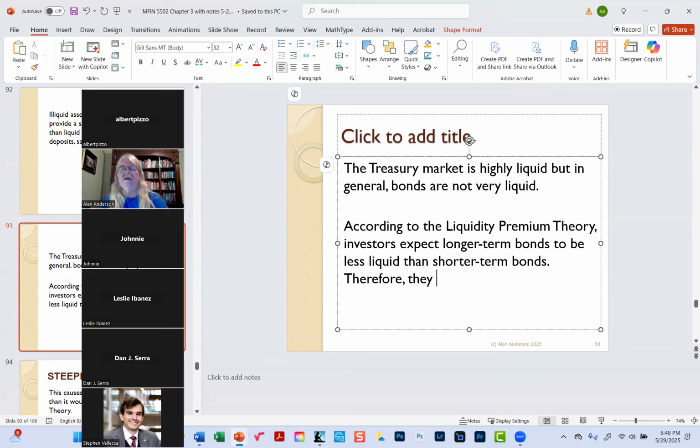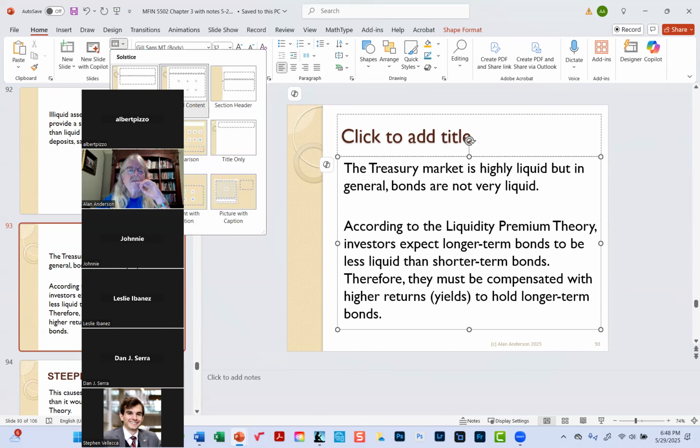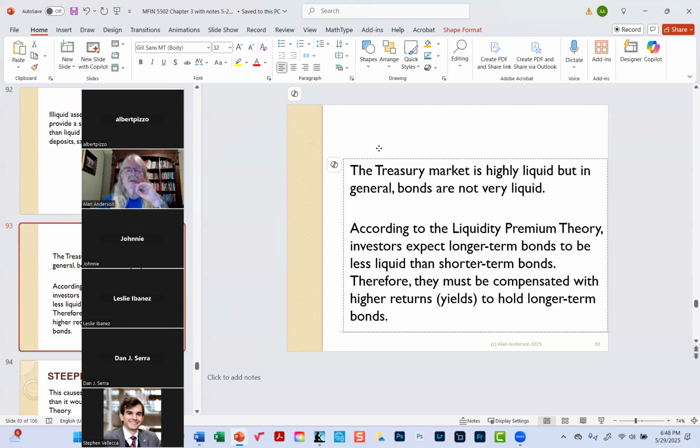Therefore, they must be compensated with higher returns or yields to hold longer term bonds, even treasury bonds. Okay. So that means there's going to be a bias towards an upward sloping yield curve.